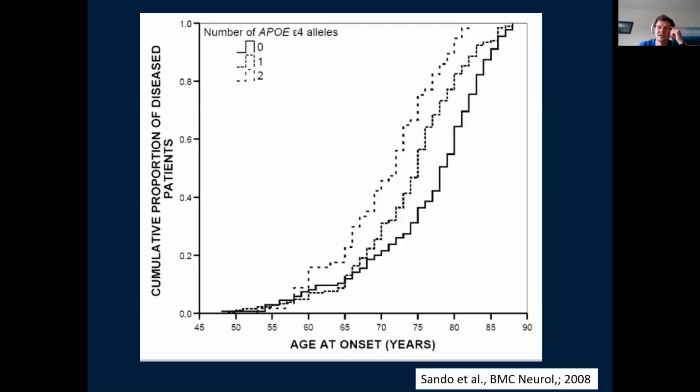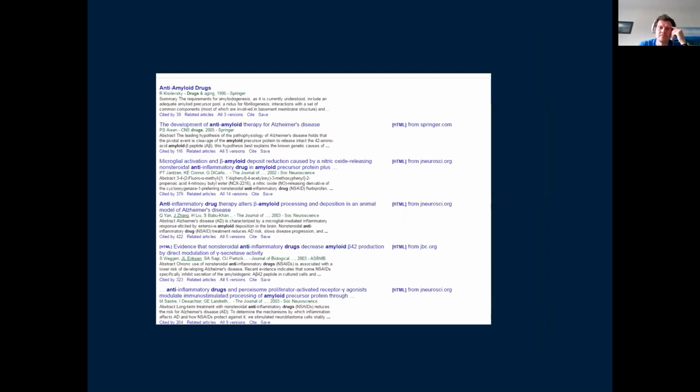But it's not just the case that it increases your risk of Alzheimer's full stop, it's also associated with earlier age of onset of cognitive impairment. Again, where an increased number of E4 alleles is generally negative for risk of cognitive impairment. And amyloid and ApoE are quite a central thing in a lot of big expensive drug trials.